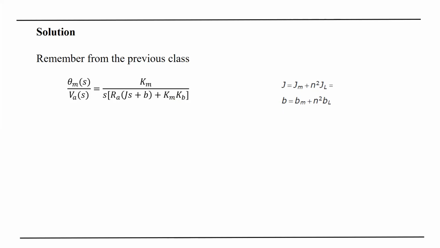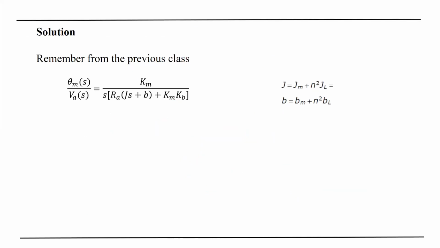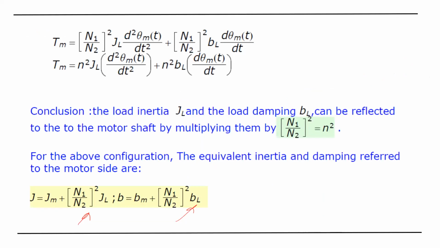Now, how do I find theta L to VA? The question is to find theta L to VA. So what do we do? We can find, for example, theta L to theta M and then multiply it. Exactly. If you remember, theta L equals N1 over N2 theta M. I want to make sure.